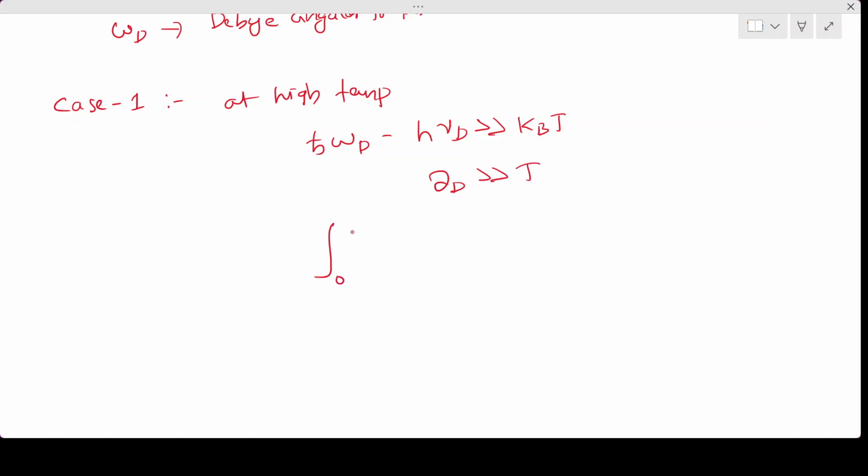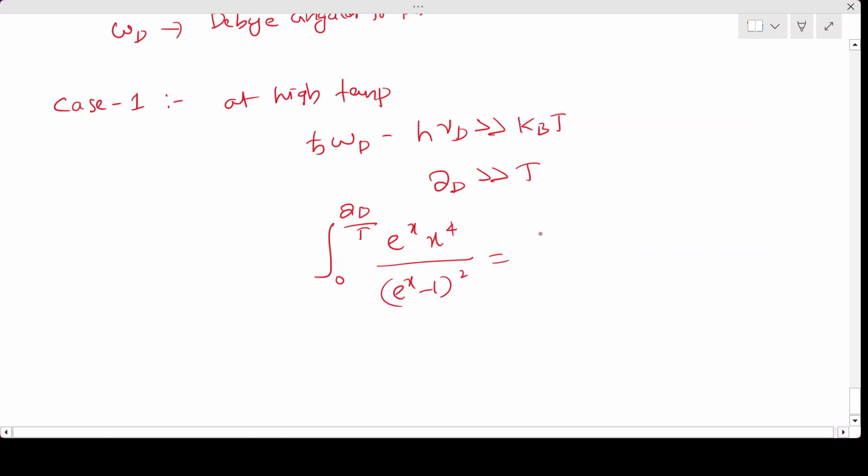So when you see this expression theta D by T, in that case the integral of e raised to x, x raised to 4 divided by (e raised to x minus 1) square will take the value pi raised to 4 divided by 15.